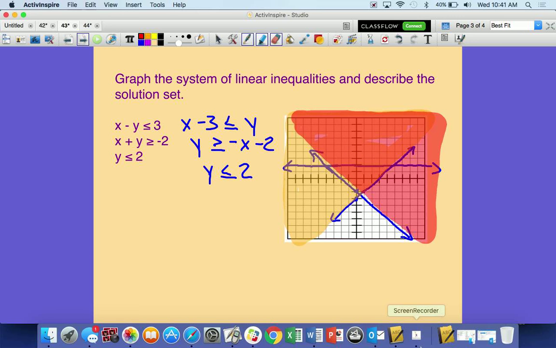Alright. Now, as you can see, we've got a region where it does overlap, right? It's everything above this V here.